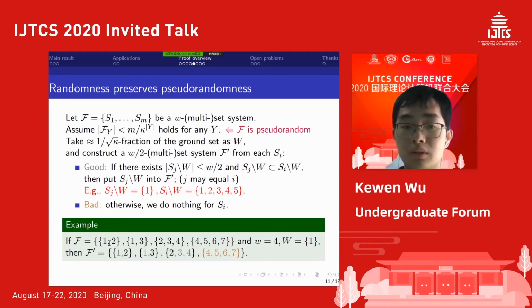So we put S1 minus W into F prime. And we can do this because F prime is a multi-set system. And for the last set, 4, 5, 6, 7, this set minus W has 4 elements, and we cannot find the good condition for it. So we directly remove it, and I marked it with brown color. So F prime will have 3 sets. The first and the third will contain singleton 2, and the second will contain singleton 3.